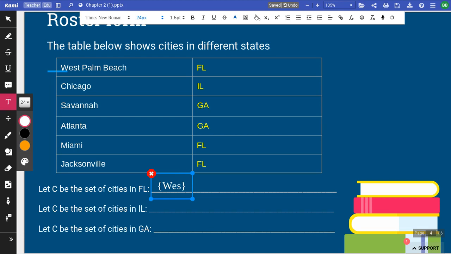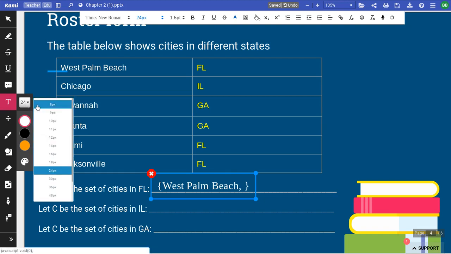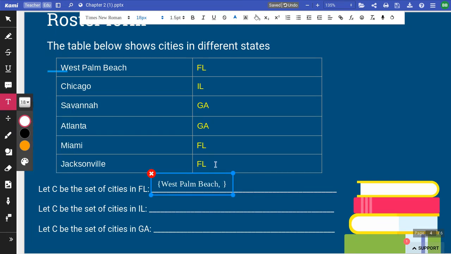So we're going to have West Palm Beach is the first one. And we're going to separate with a comma. Are there any other cities that's represented on this table that are located in Florida?